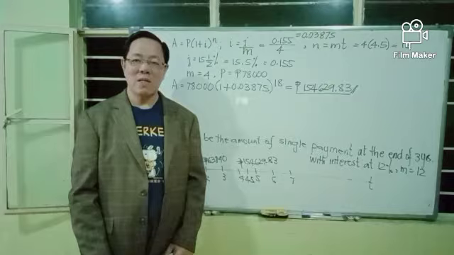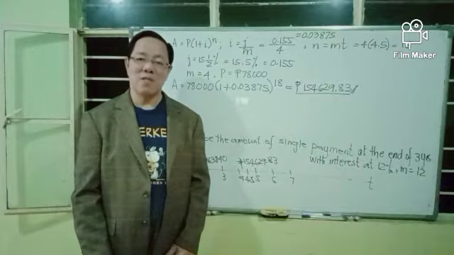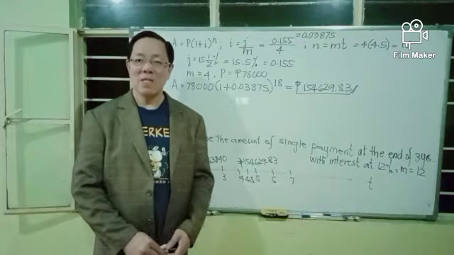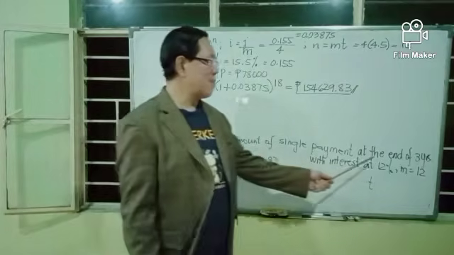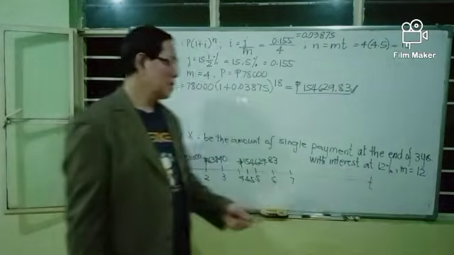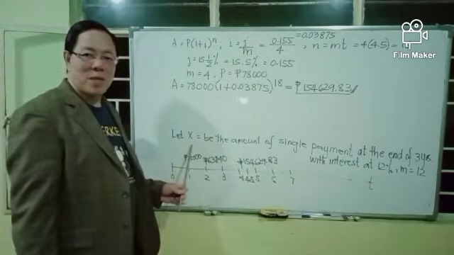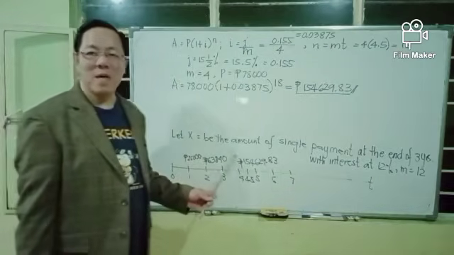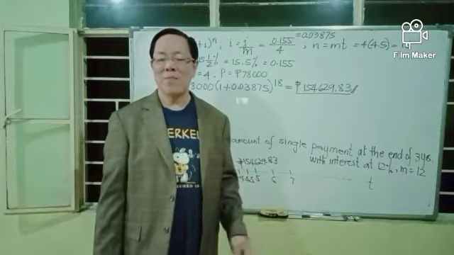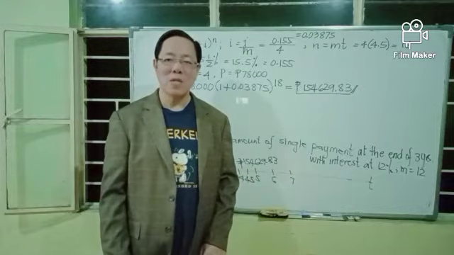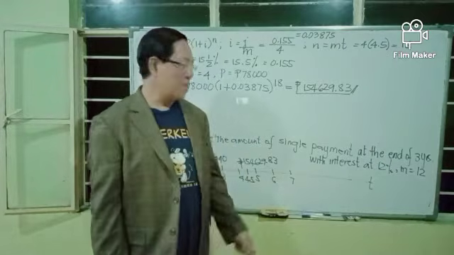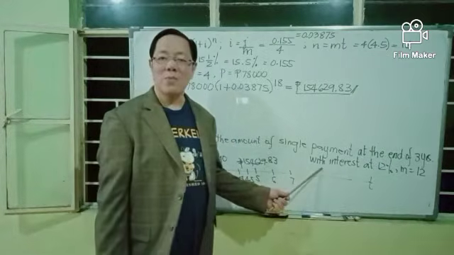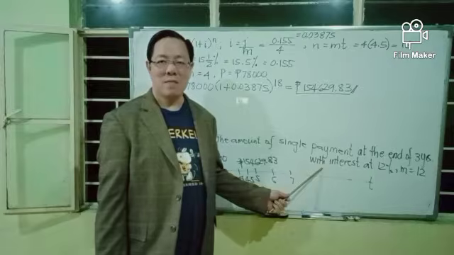Now, for this particular example, we assume that Mr. X would like to pay the single payment to settle all the 3 obligations at the end of 3 years. So we let X be the single payment to be made at the end of 3 years, if that is the wish of Mr. X to settle all the 3 obligations. But Mr. X agrees to pay an interest of 12% compounded monthly.